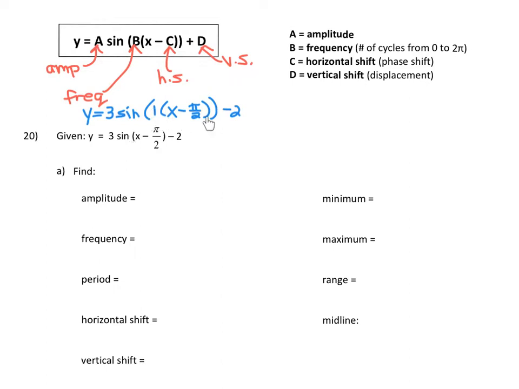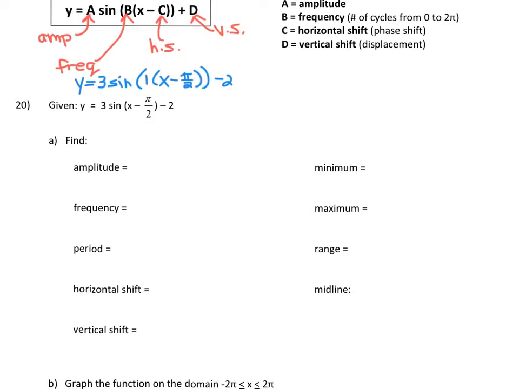So I rewrote this. You don't have to at all, but I rewrote this so that we have parentheses within other parentheses. And the reason I did that was just to make the b stand out, okay? And again, since we have no number in front of the x, it's implied that it's a 1. All right, so what I'd like you to do is hit pause and see if you can determine all the values in this first column right here.